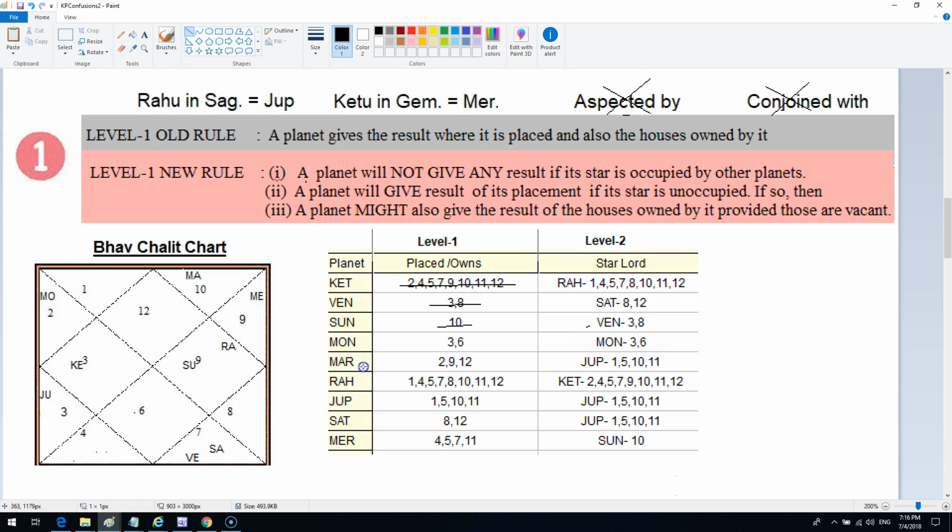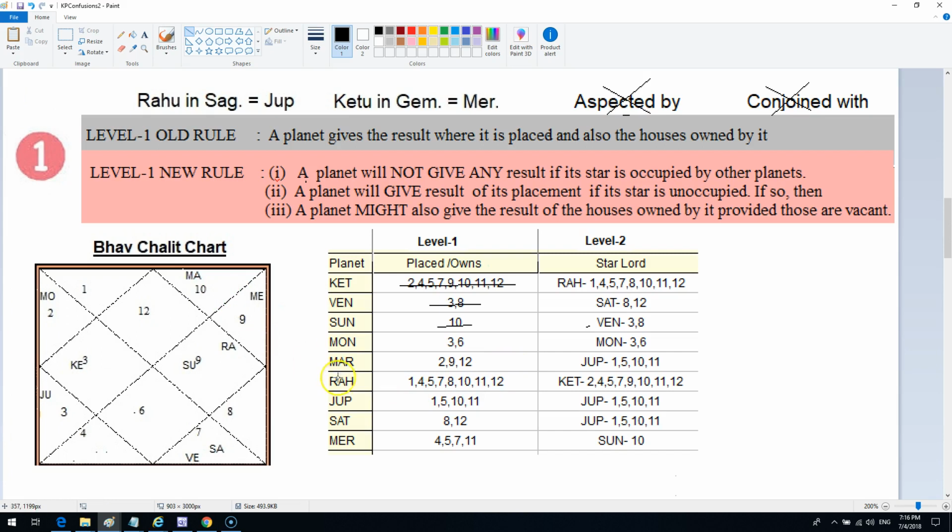And with Mars, we don't find any planet that is in the star of Mars, occupying or hijacking the star of Mars. So in that case, this particular rule becomes applicable, that Mars will give the result of its placement first. Where is Mars?